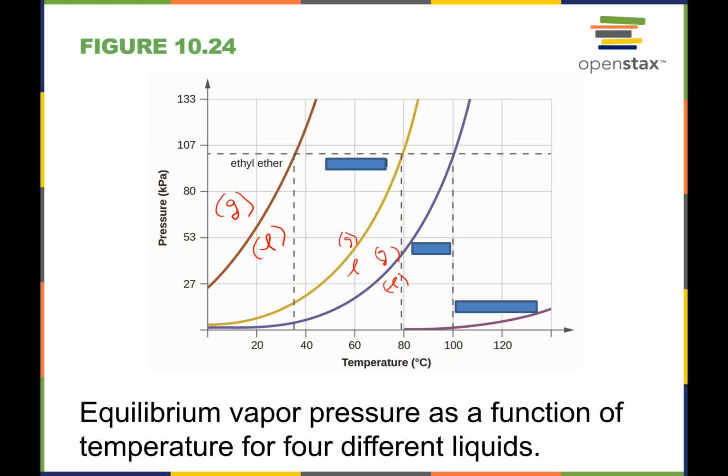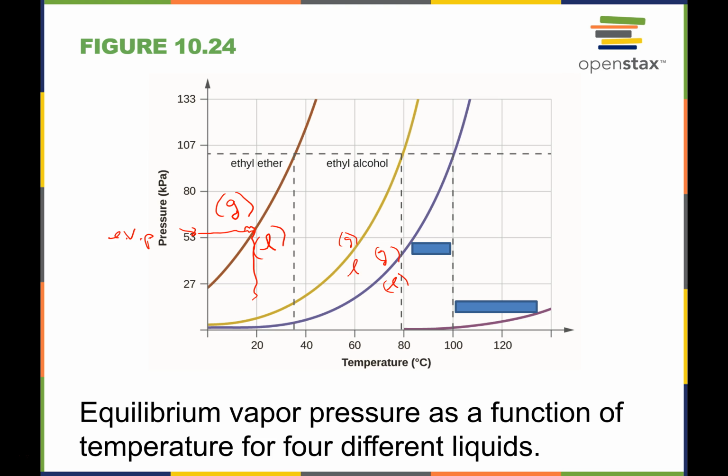But let's pick 20 degrees Celsius. At 20 degrees Celsius, its equilibrium vapor pressure looks like, maybe 60? That's how you do that. Where it intersects at 20 degrees Celsius is the EVP, equilibrium vapor pressure.